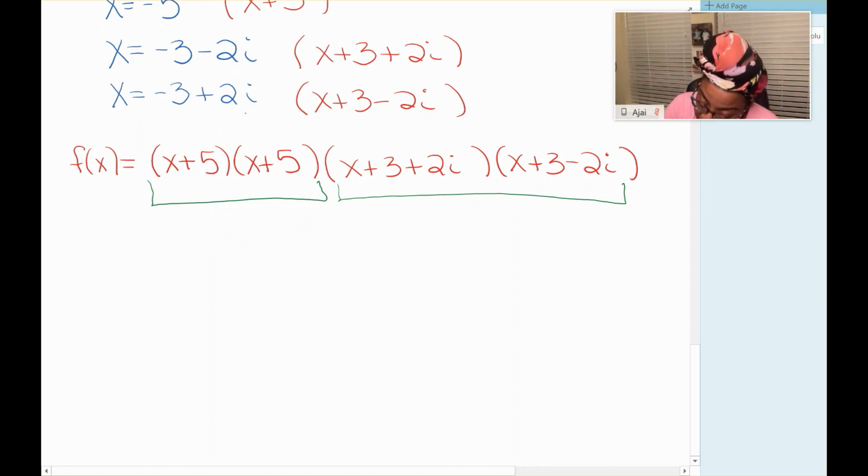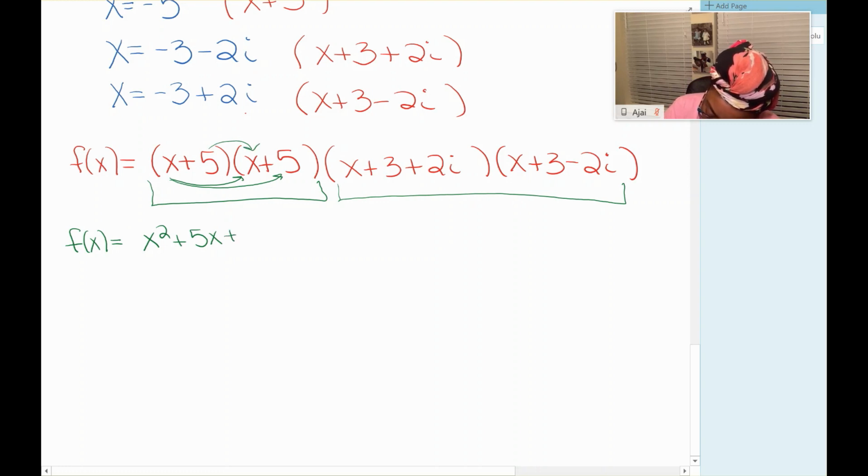So let's multiply these together. This would be x squared, because I multiply here, here. Then I multiply here. That's going to be 5x. Then I multiply here. That's going to be 5x. And then I multiply here. That's going to be 25. Okay?